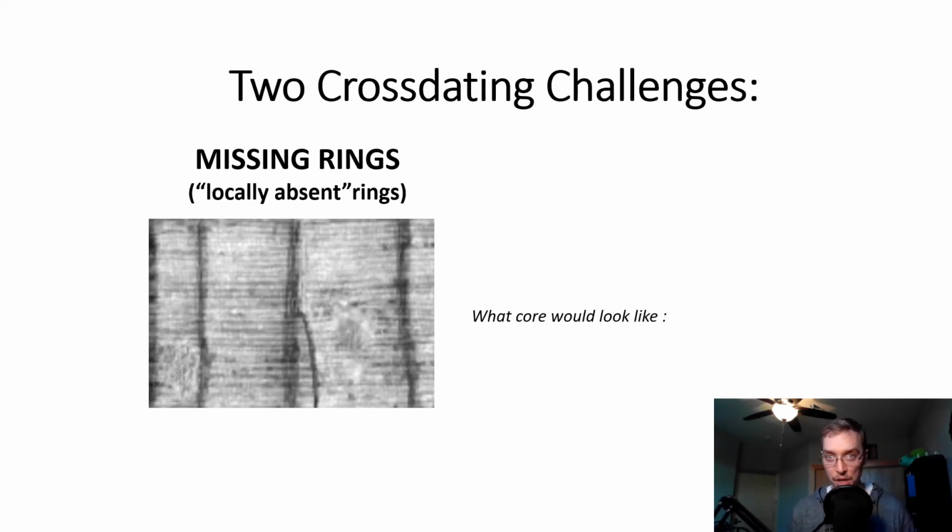So two cross-dating challenges exist: missing rings or locally absent rings. Say you were taking a core and your increment borer went here. Uh-oh. Here's part of a ring that maybe wasn't fully developed, but if you were to go here, you'd add another year. So this is a missing ring or locally absent ring.